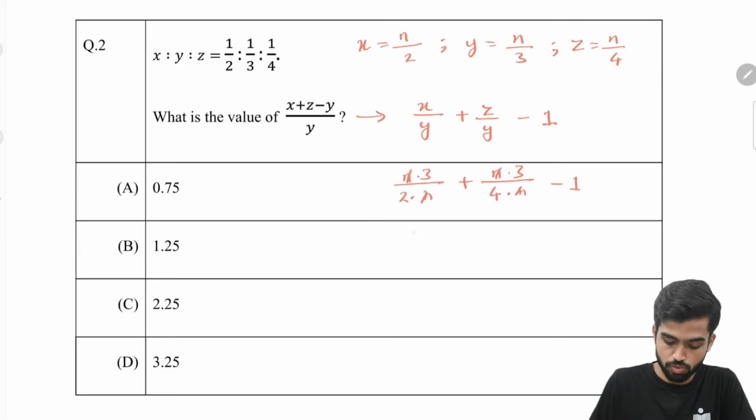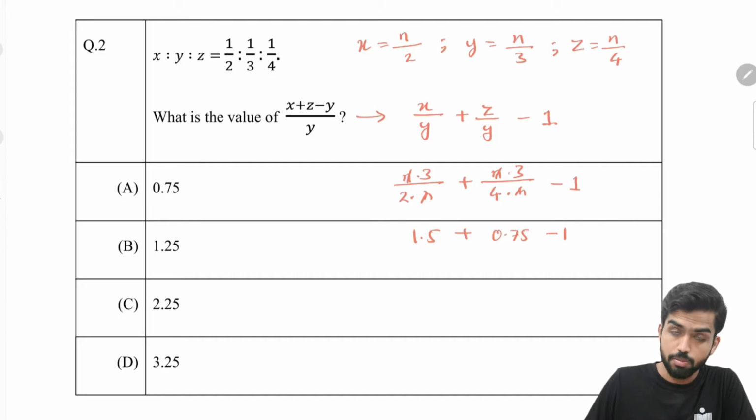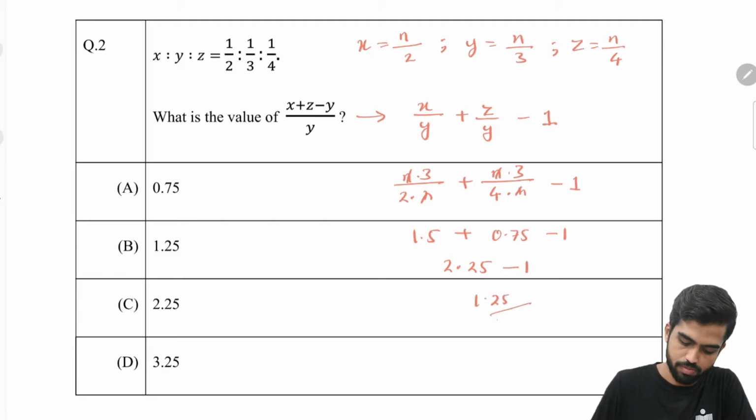So 3 by 2 would be 1.5 and 3 by 4 would be 0.75. So 1.5 plus 0.75 would give us 2.25 minus 1, and the answer would be 1.25. B is the correct answer.